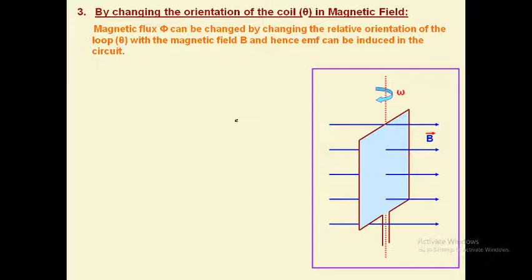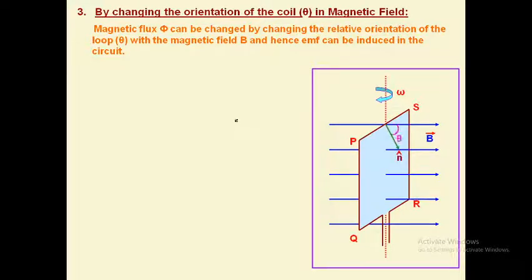Because what you saw in Faraday's experiment number 1 and number 2, we were getting current only for a limited time, not continuously. For getting continuous current, the best way is to rotate the coil, which is actually done in the electric generator.